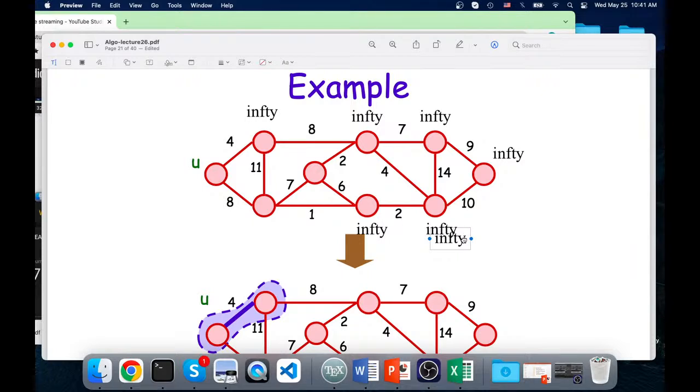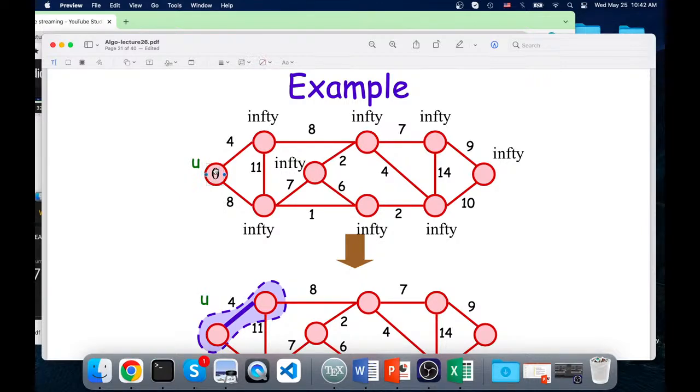This represents that the current minimum edge to include this vertex into the spanning tree is infinity. But for U, initially, it is 0.